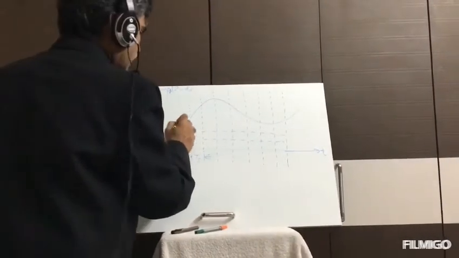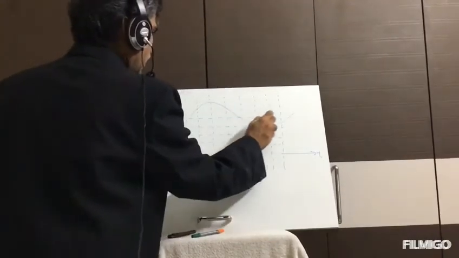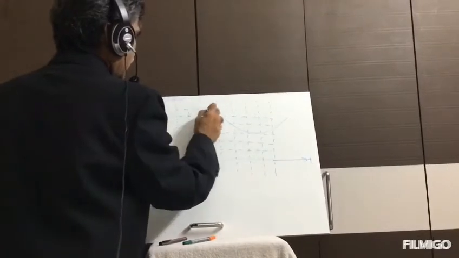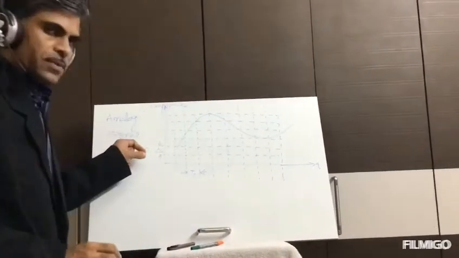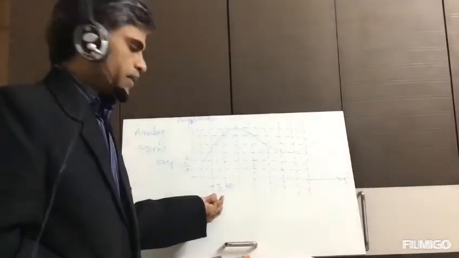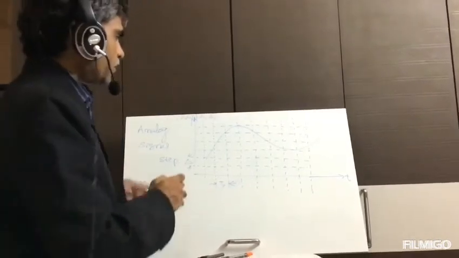Like this, we make the segments in the amplitude scale as well as in the time scale. Each segment in the amplitude scale is named as step size delta, and each segment along the time scale is named as the sampling interval or sampling duration.